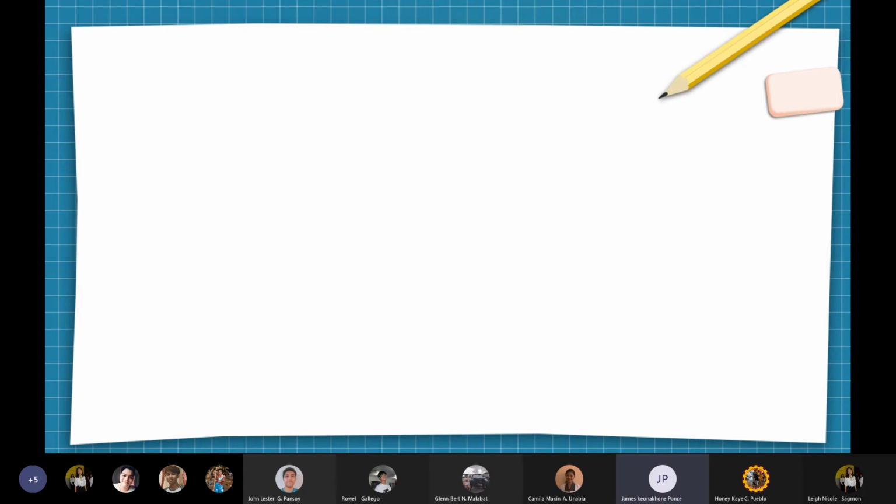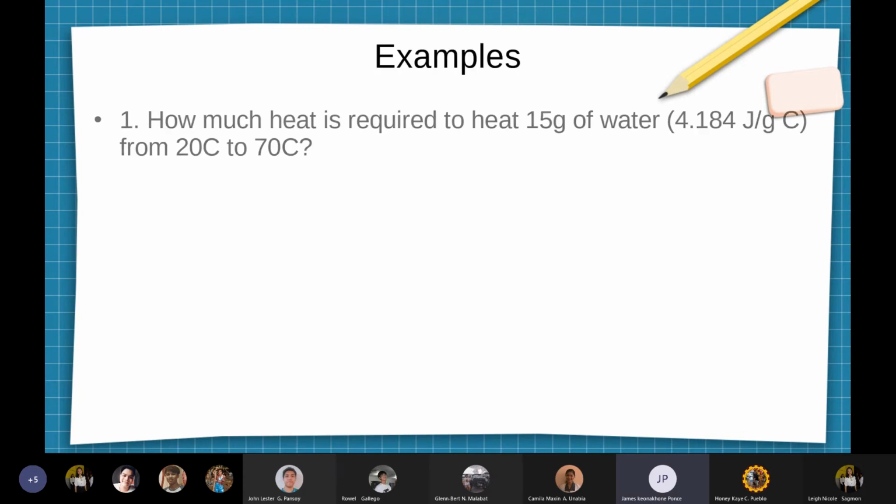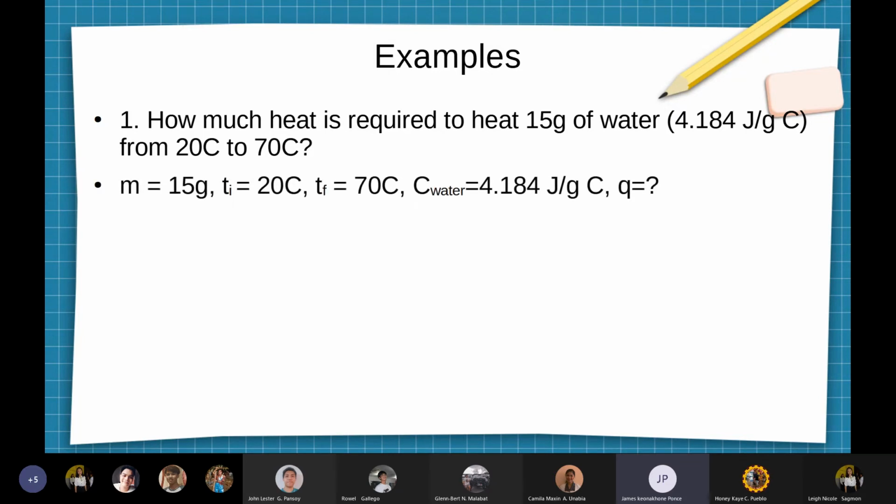There are some examples. How much heat is required to heat 15 grams of water from 20 degrees Celsius to 70? First, you take the given. Mass is 15 grams, temperature initial 20, temperature final 70, and the specific heat of water is 4.184 joules per gram Celsius.